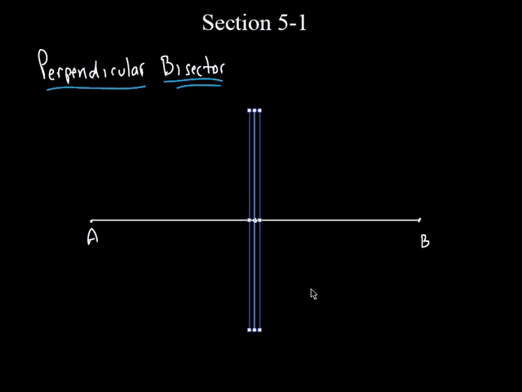And it also has to be a 90-degree angle, a right angle. Exactly right. Everybody see that? So this blue line right there is the perpendicular bisector, and it bisects line segment AB. It splits it into two equal parts. So let's call this C right here. So what do I know about AC and BC?